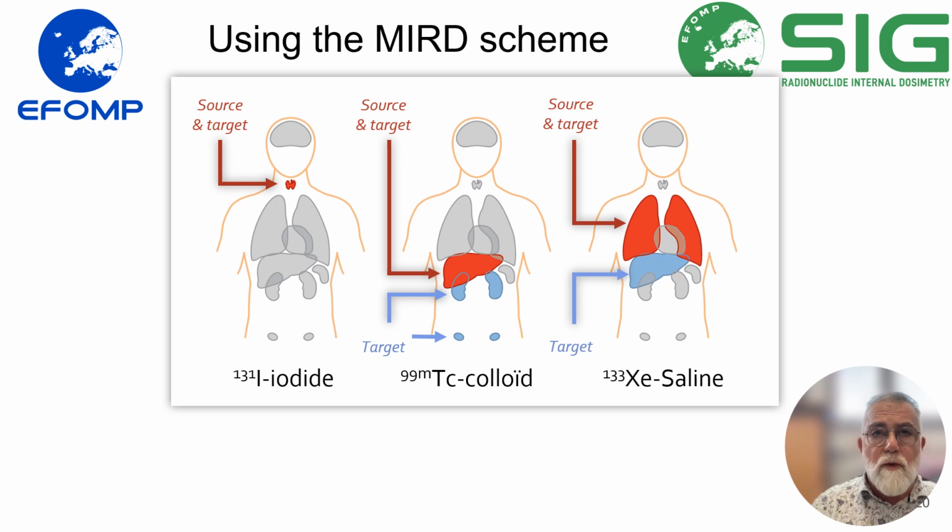So I'd like you to really bear in mind that you don't really have a choice of the sources. The sources are where the radioactivity goes, but you do have a choice of the target. You can say, or the clinician can say, I want to compute the absorbed dose to the liver, I want to compute the absorbed dose to the kidneys. So you do not select where the radioactivity goes, where the source is, but you do select where the target is.